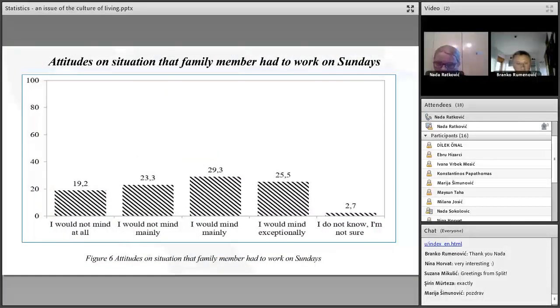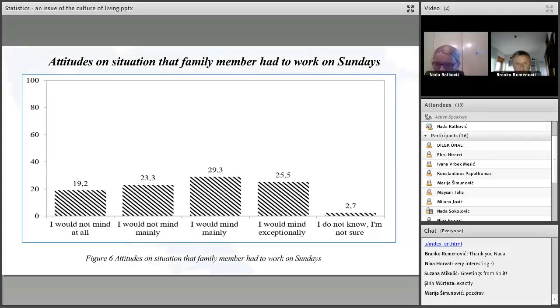Figure 6 shows the attitudes to the situation that a family member had to work on Sundays. 29.3% said I would mind mainly. 2.7% said I do not know, I'm not sure. This is not a good answer, when you don't know, when you are not sure.